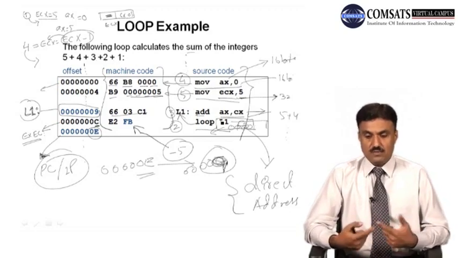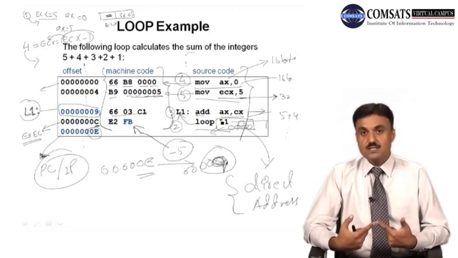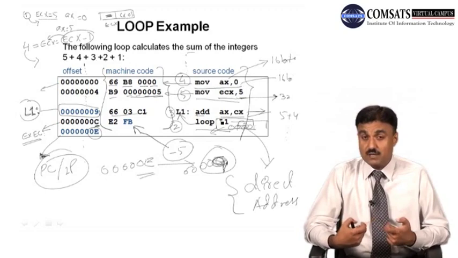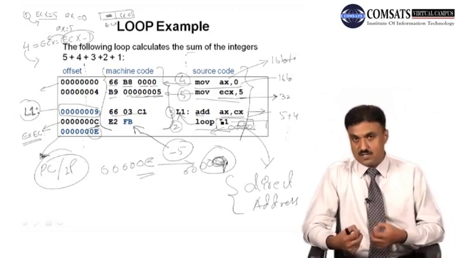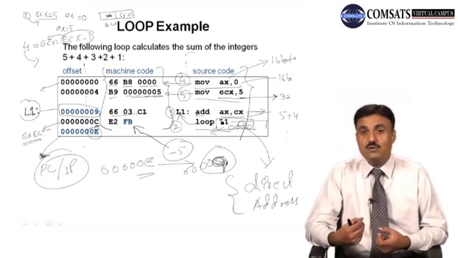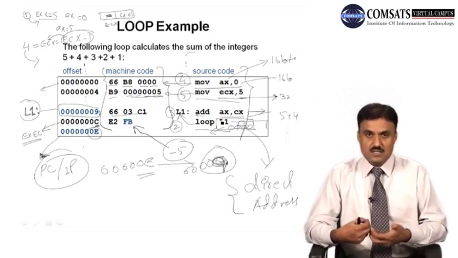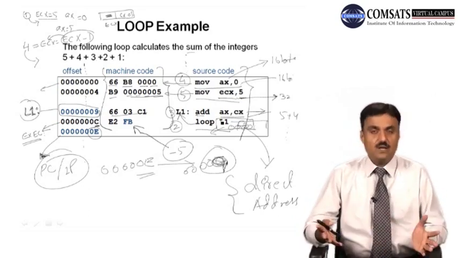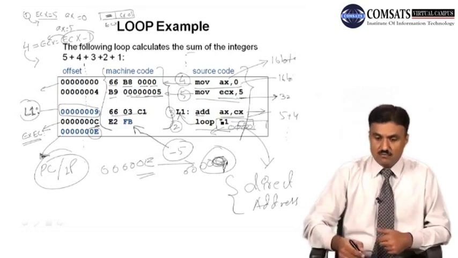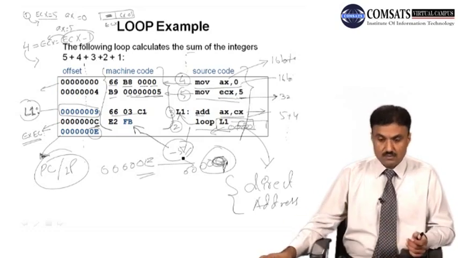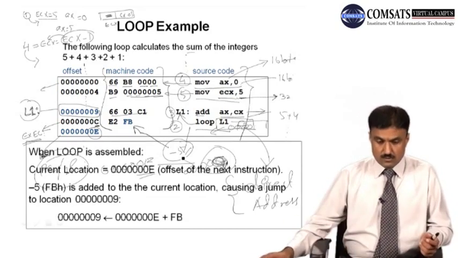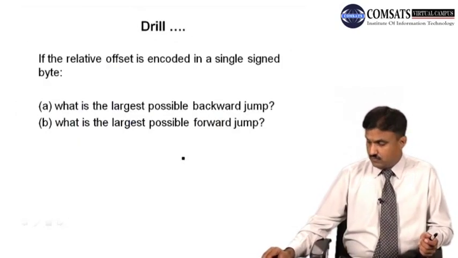For example, if the ECX is not equal to 0, so condition becomes false right now, so this will not jump. If the condition becomes true, like ECX is not equal to 0, then it will jump. If ECX is equal to 0, it will never jump, and so on. So it will move in this direction, forward direction, and so on. Okay, so we are going to move.